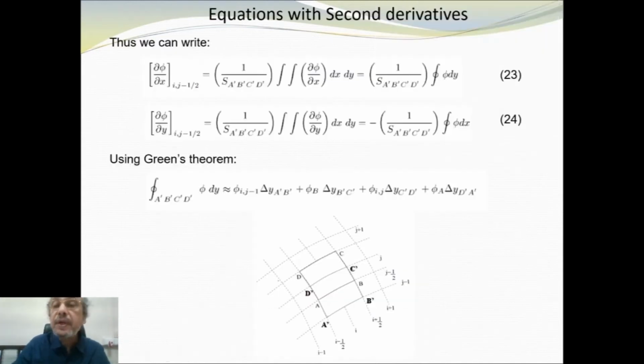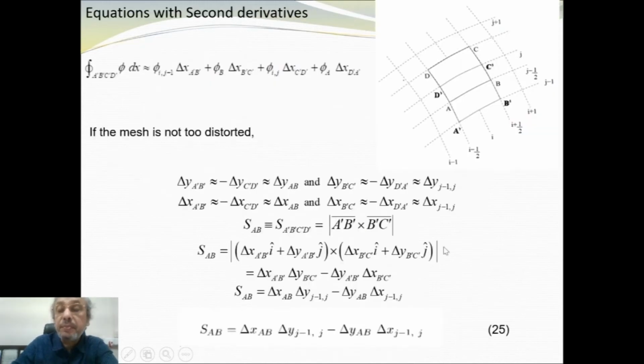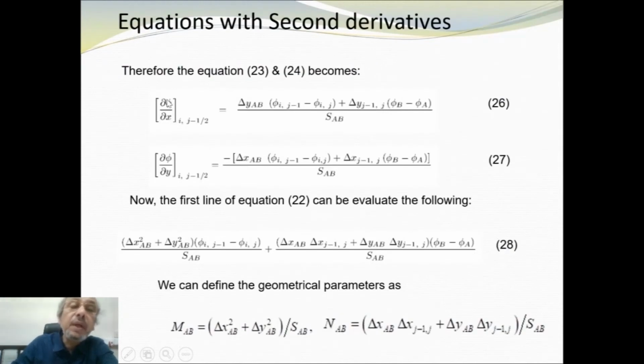So if we refer to equation 23, we will be able to see how phi dy has to be integrated, how phi dx has to be integrated, and what is the final expression of the area A prime B prime C prime D prime. Having found that, we will be able to write from equation 23 and 24, that's what we mentioned was our target, del phi del x at i j minus half.